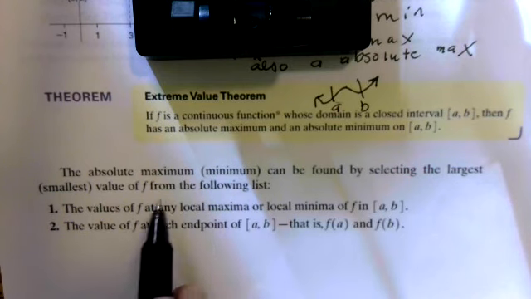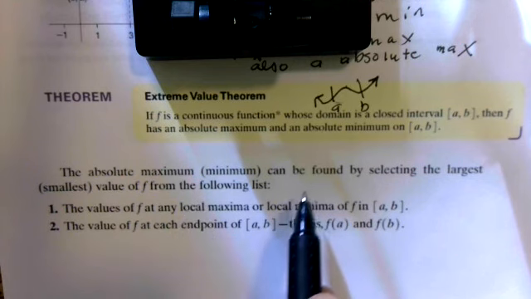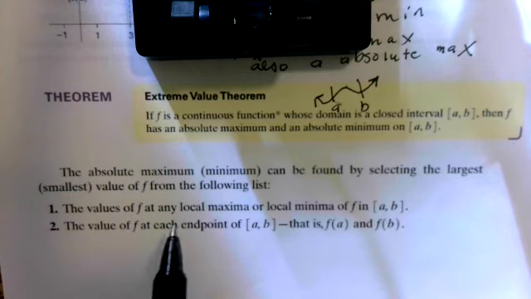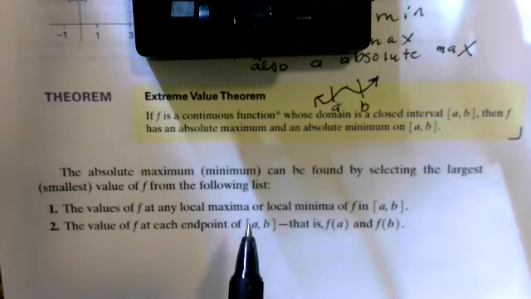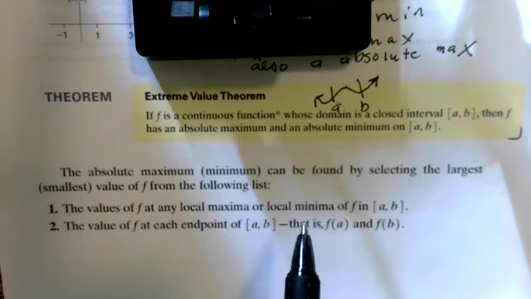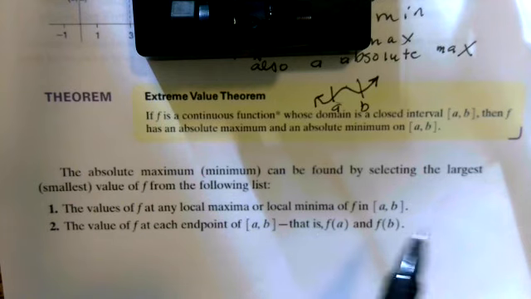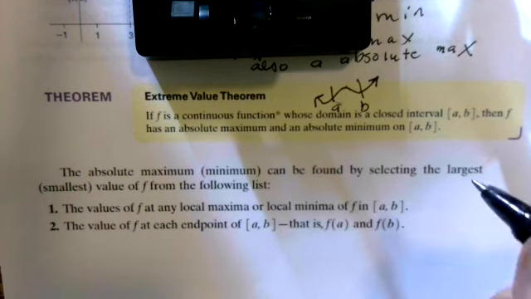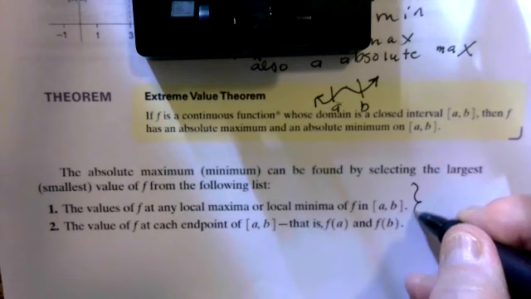The values of f at any local max or min of f in the closed interval, or the values of f at each endpoint of the closed interval AB. So that means look at f of A and look at f of B. This is where the absolute max can occur.